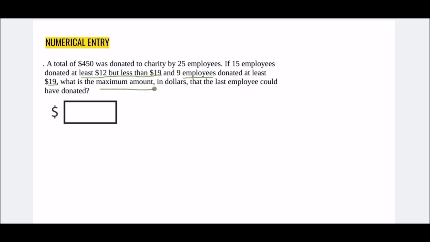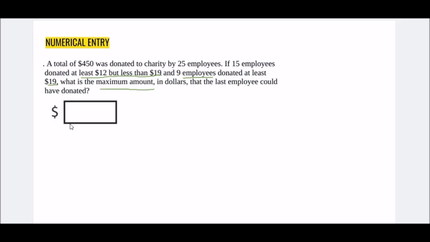We have to find out the maximum amount that the last employee donated. So for finding the maximum amount, for the remaining employees we have to consider the lowest or the minimum value, so that we can find the maximum amount for the last employee.